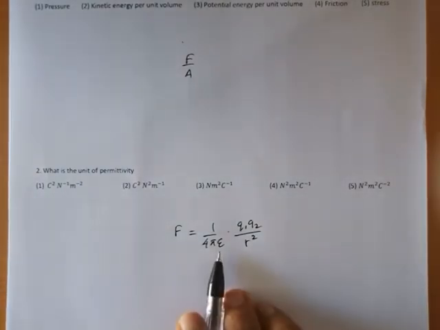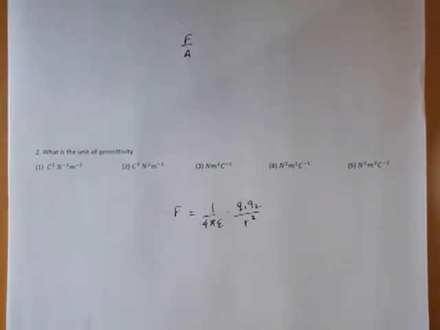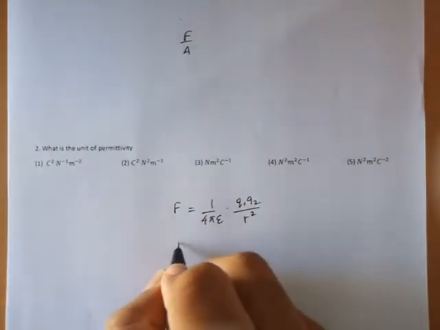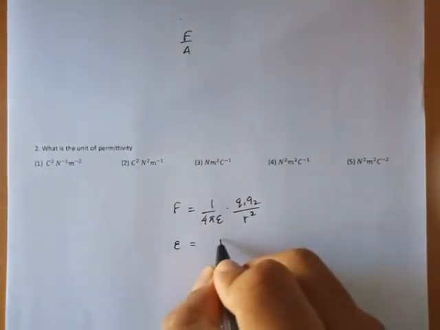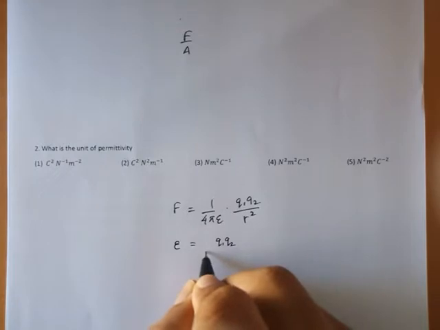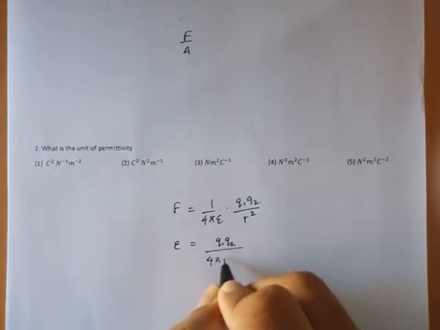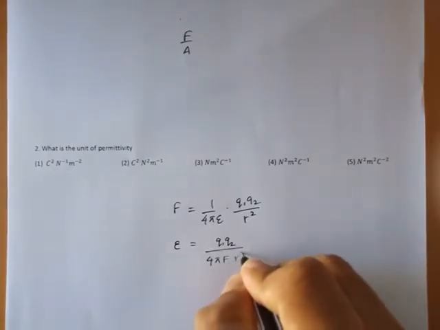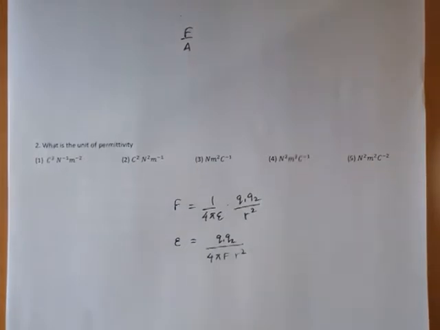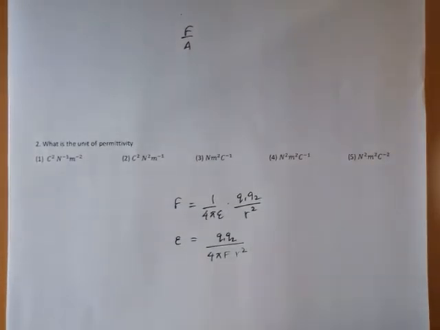So from this equation, if I make epsilon the subject, I can write epsilon equals q1 q2 over 4 pi F times r squared.